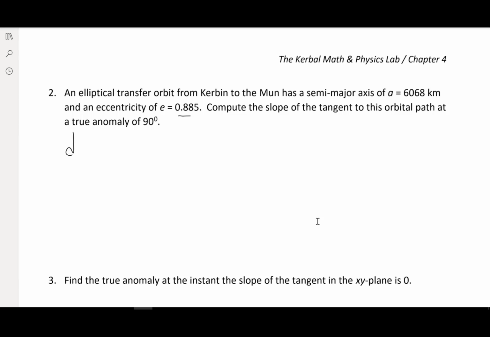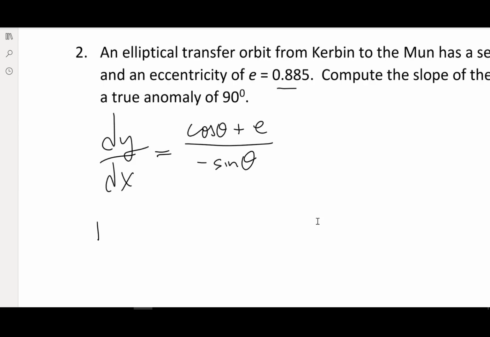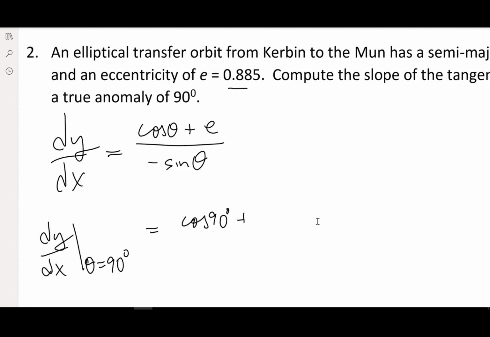So we just figured out what dy dx is, and so if the angle is 90 degrees, then it's the cosine of 90 degrees plus the eccentricity, which we know in this case is 0.885, over negative sine of 90 degrees.